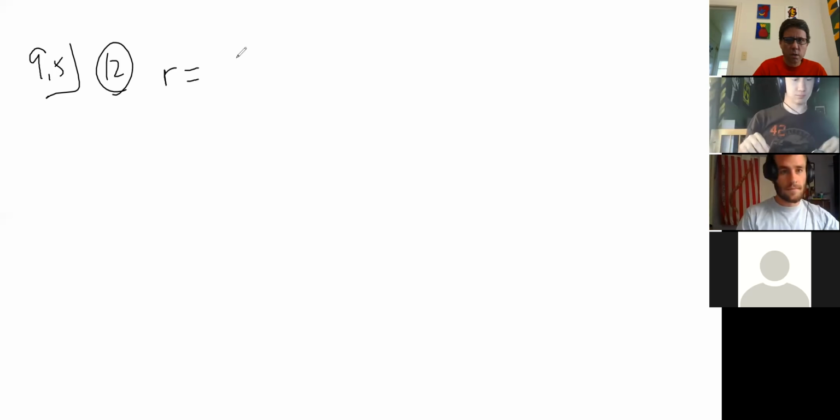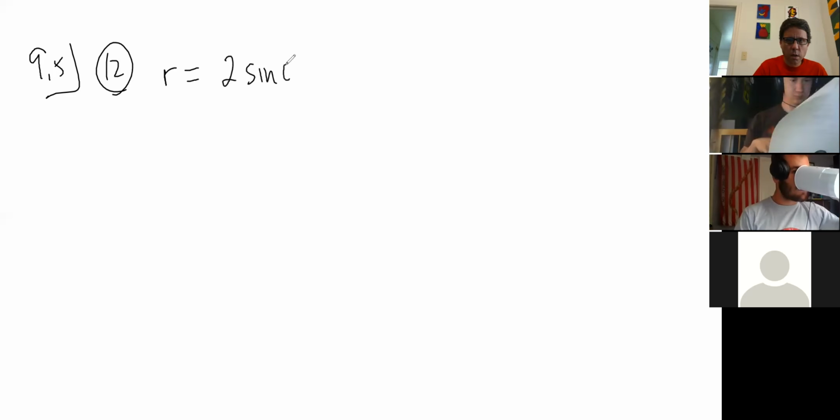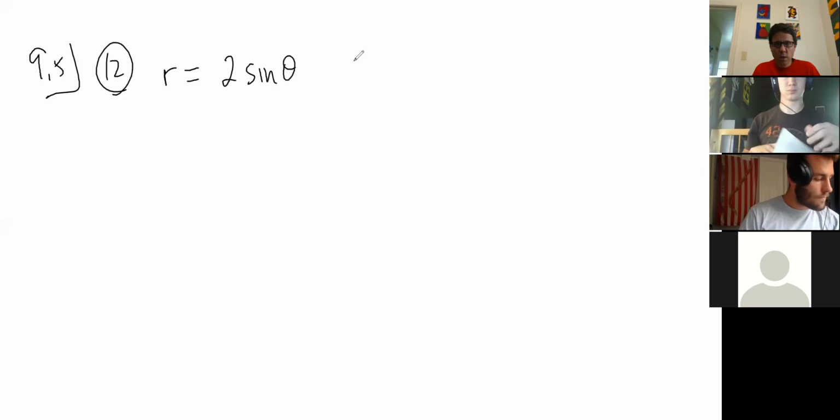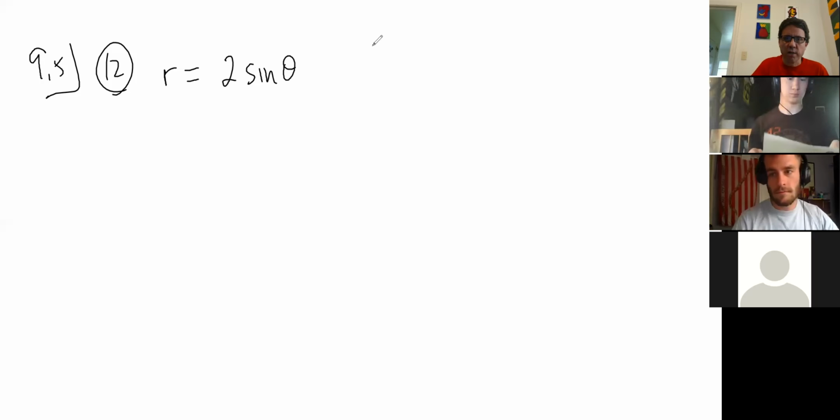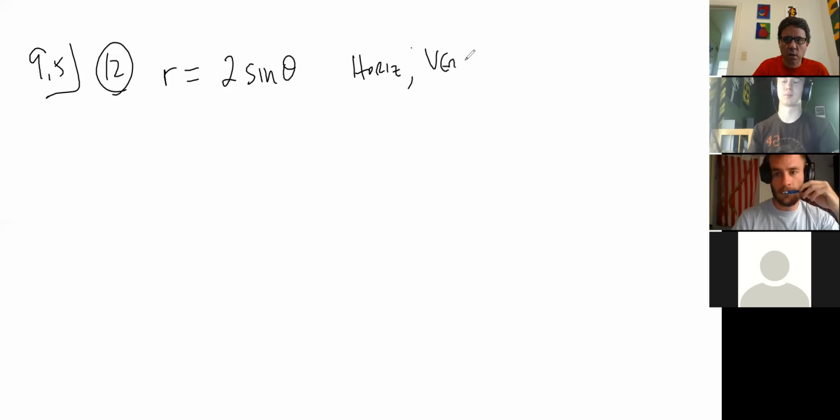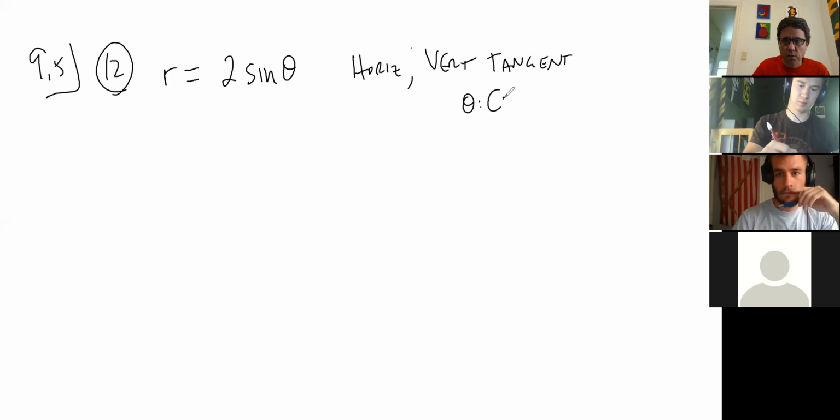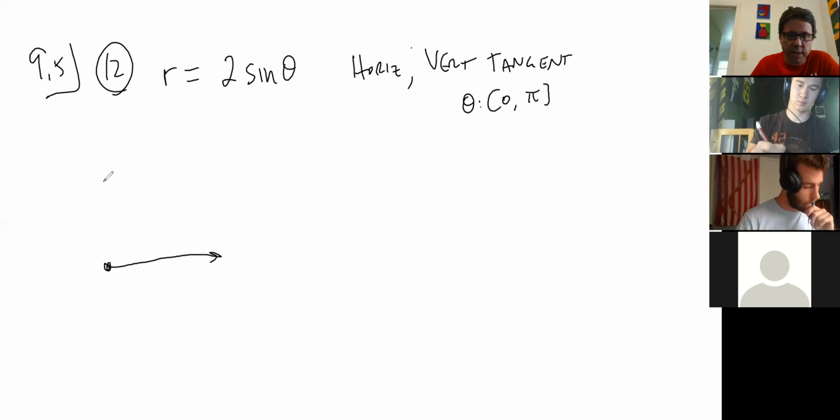So what you want to know is where there's horizontal and vertical tangents, and the angle values are 0 to pi. So you could draw the picture. It's often not a bad idea to go ahead and draw the picture. This one looks like it's 2 units up and it's a circle.